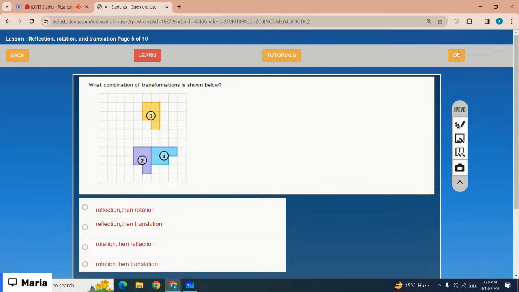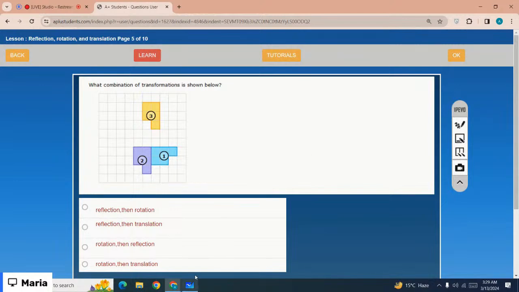Okay, what combination of transformations is shown below? From 1 to 2, you have one point common. From 1 to 2, that is a rotation, and 2 to 3, that is a translation.